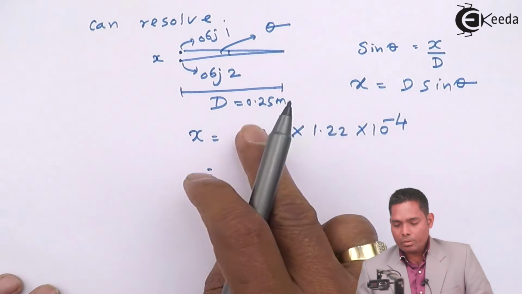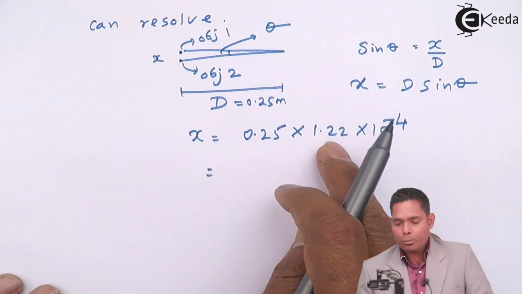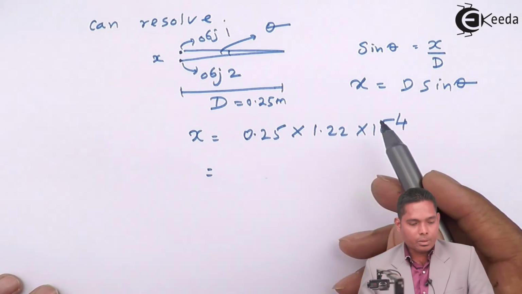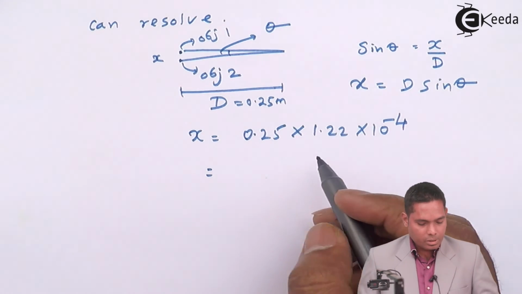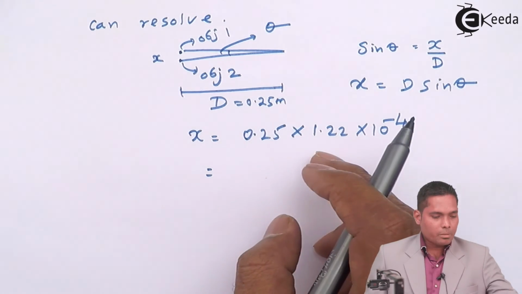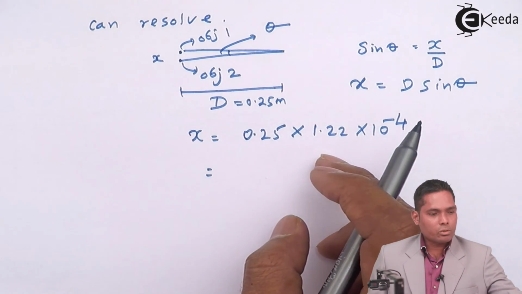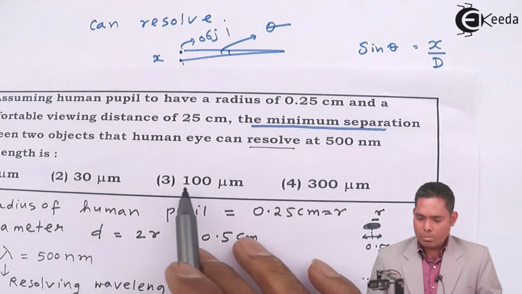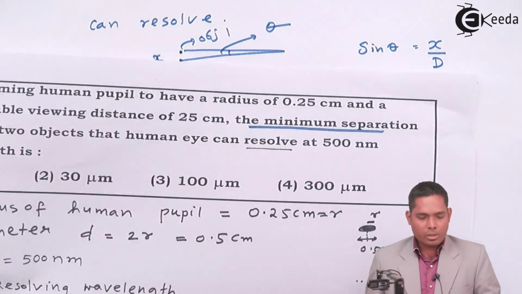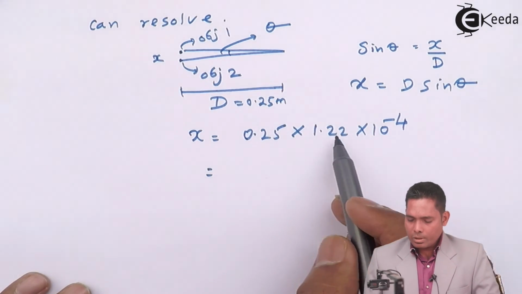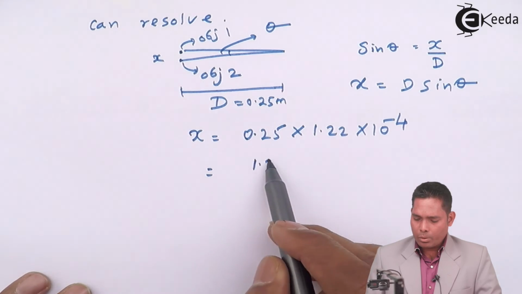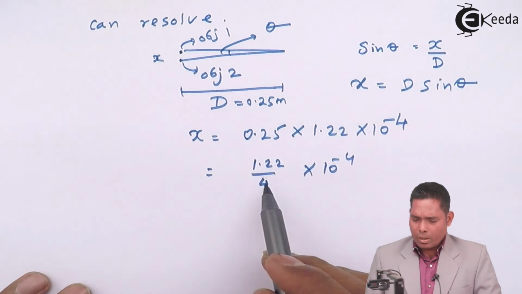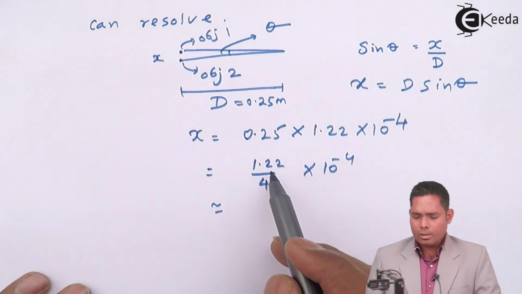If I divide by 4, then I will get 0.3 and something. So let me see the options before going for the actual calculation. I have got two choices, 30 micrometer and 300. So I have to solve this. This is nearly 1.22 divided by 4 into 10 raised to minus 4. So approximately you should solve like that only, 0.3 something.